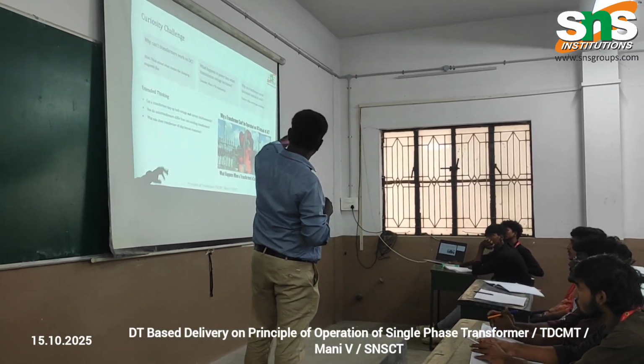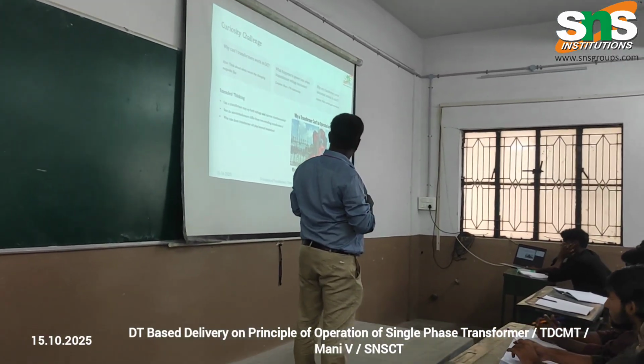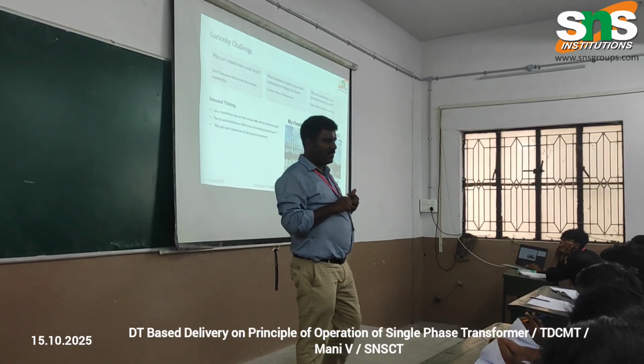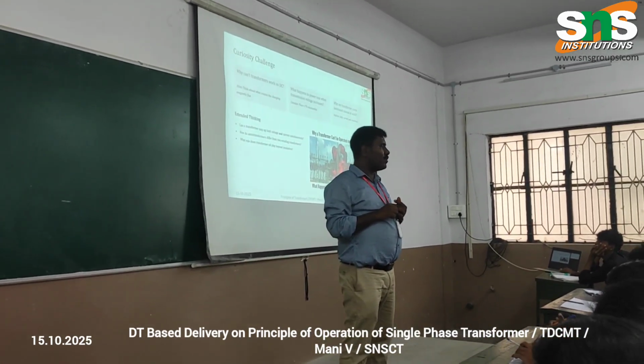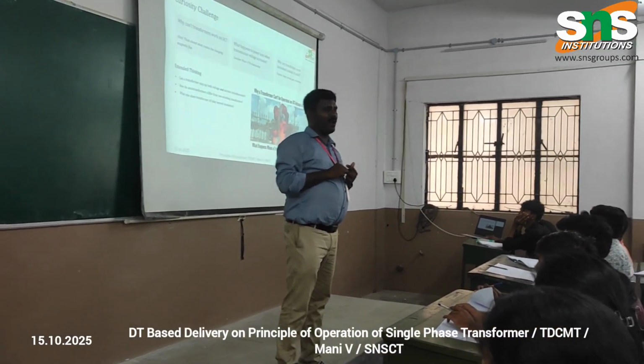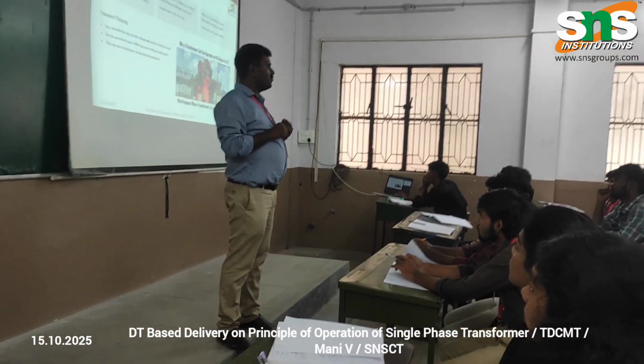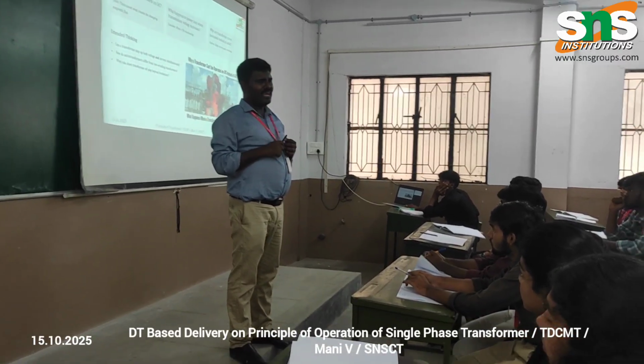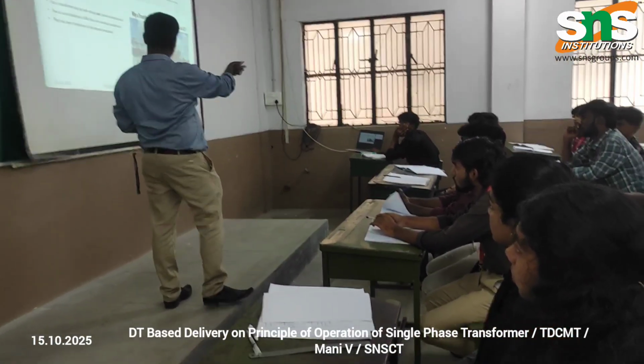Okay. And the third one: why are transformer cores laminated? Why do we have to laminate the transformer core? To reduce the eddy current losses. The main purpose of using laminations is to reduce eddy current losses.